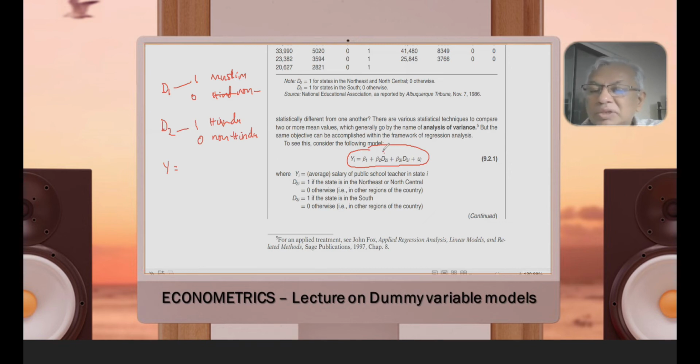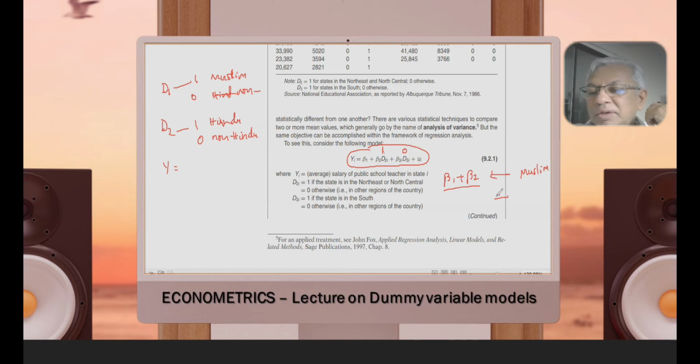So let's say this is Muslim, this is 1, but not a Hindu, so this is 0. So the Muslim's coefficient becomes beta 1 plus beta 2. Why? Because beta 1 is the constant, and for Muslim it is beta 1 plus beta 2. So this is for Muslim.